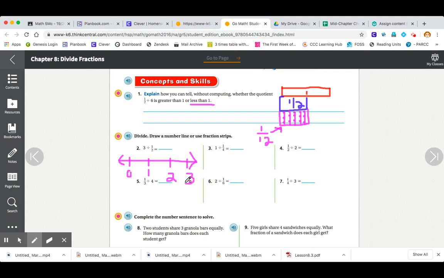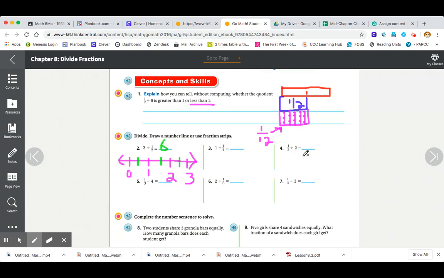So I'm going to divide that in half. So let me grab another color here. If I divide each one of those in half, I know that half of 1, there's how many parts? 2. So that means that if I'm dividing 2 into half, I have 4 parts. And if I'm dividing 3 into half, I have 6 total parts.